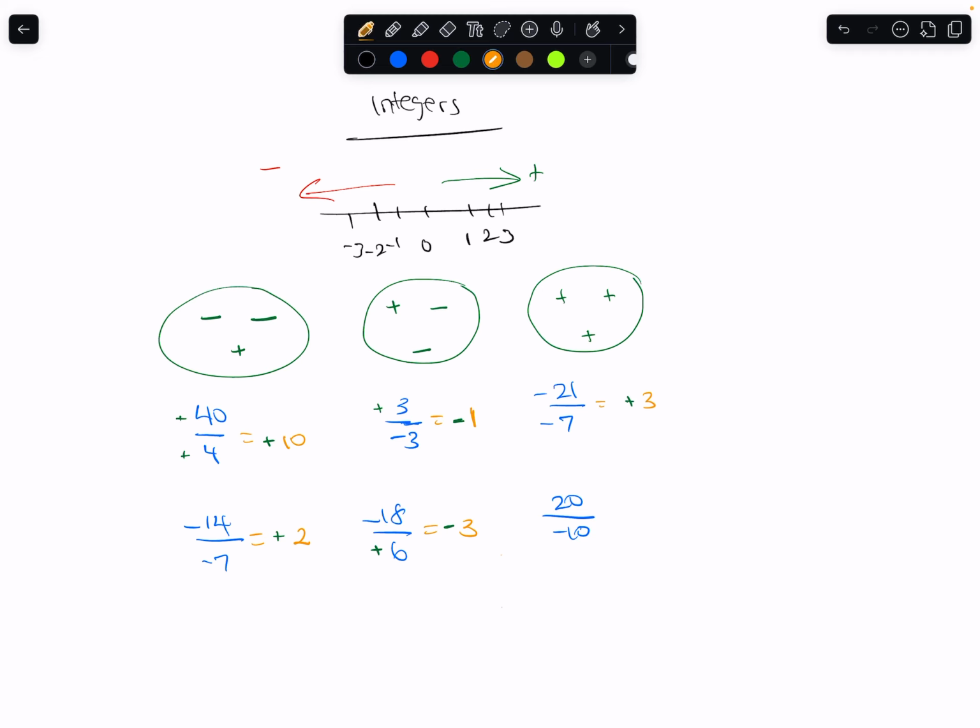And lastly, 20 divided by negative 10. 20 divided by 10 is 2. Positive on the top divided by a negative on the bottom would give you negative. I hope this math was straightforward in multiplication and division for integers, as this will make everything much easier for you to understand.